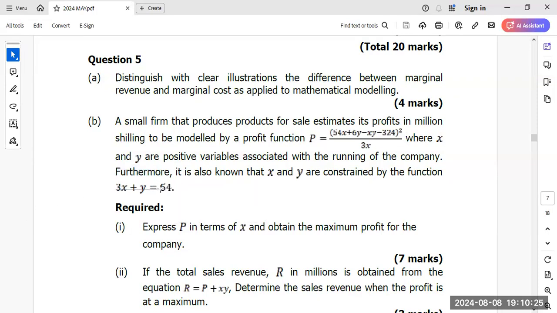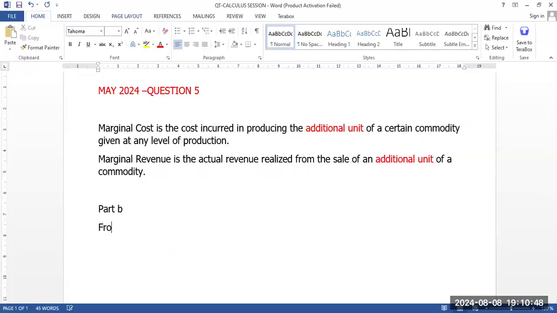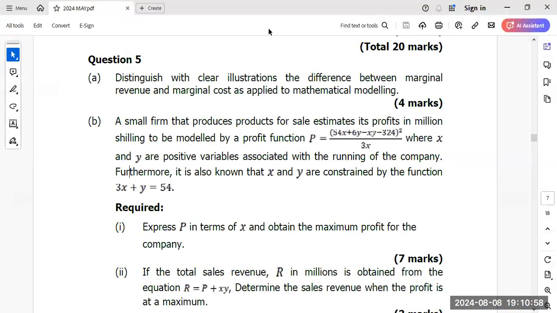Where there is Y, based on this function, you first get Y. So 3x + y = 54.